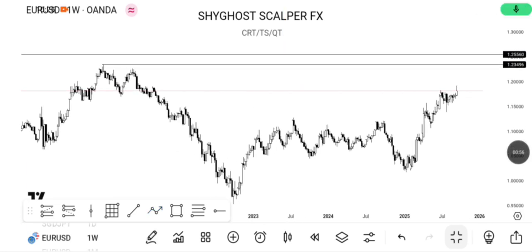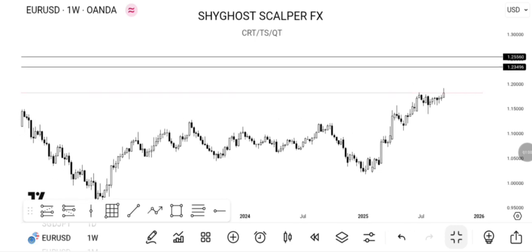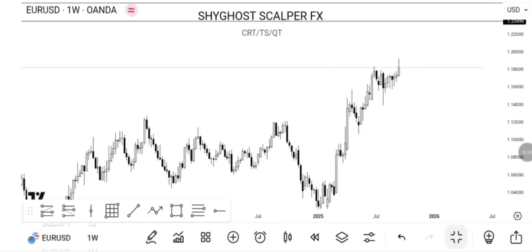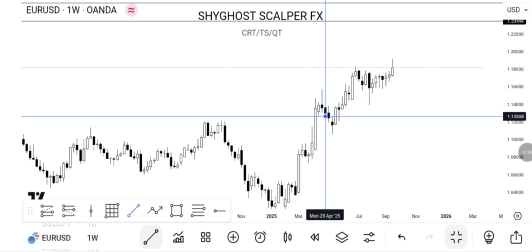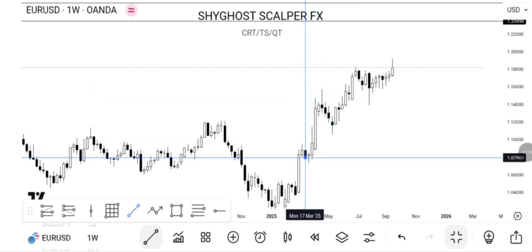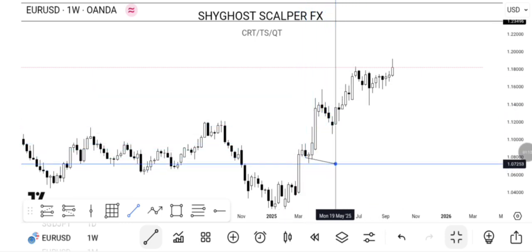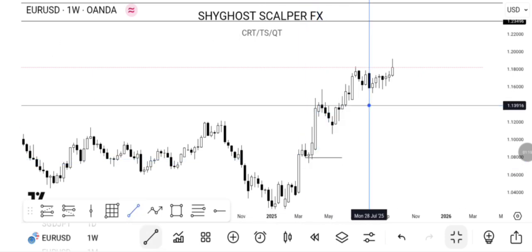So after I've checked my monthly time frame, I drop down to weekly time frame. On weekly time frame also, I can see that this thing is breaking highs, sweeping lows, right? As we can all see, it's sweeping lows.